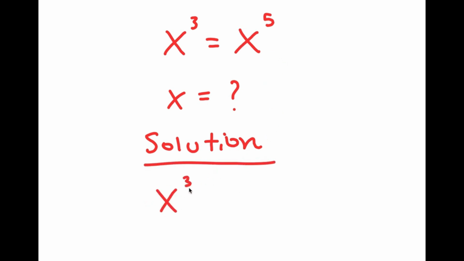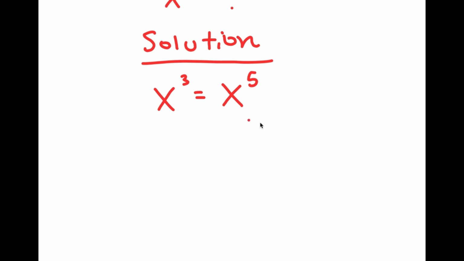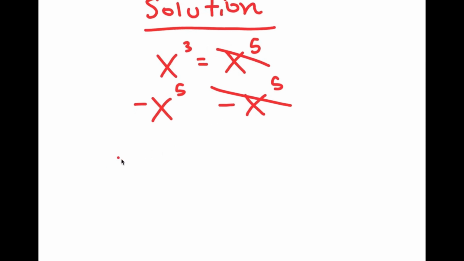So my equation x to the power of 3 is equal to x to the power of 5. And what I'm first going to do is subtract x to the power of 5 on both sides. So these two cancel out, and I get x to the power of 3 minus x to the power of 5 is equal to 0.